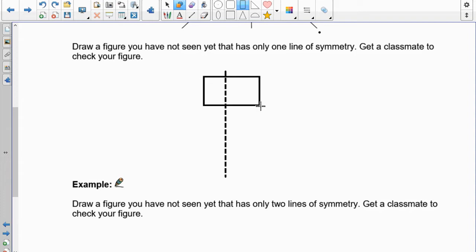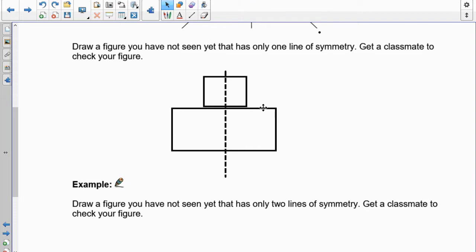Okay, so here's my first step. I'm going to make one there. Now this works because that can flip over here, but I could have put a line here to flip on that. So to make that not possible, I'm going to draw one here also and put them together. So now I have a compound object which only has one line of symmetry. This side over here will fold to match this side over here. There's no other way to fold it in order to make it work.